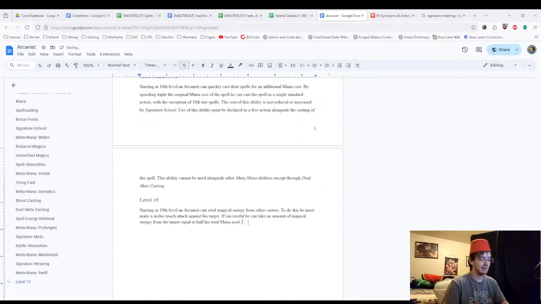This ability cannot be used to gain mana beyond the maximum.